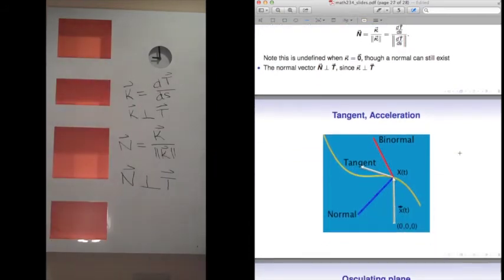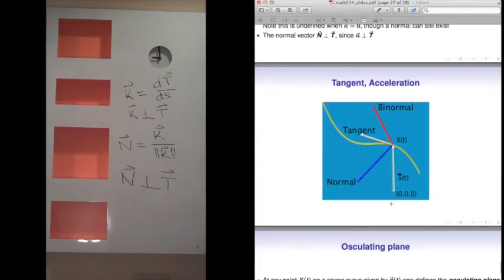All right, so if I go back to my picture here, I had my position vector going up, and the tangent points out here. If I want to draw my normal vector, I know it has to be orthogonal to the tangent.